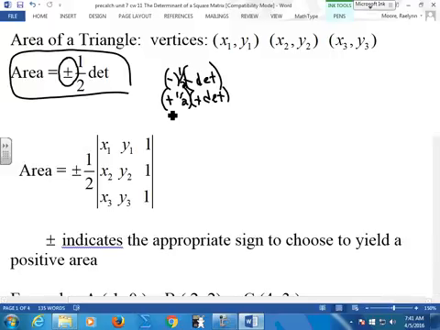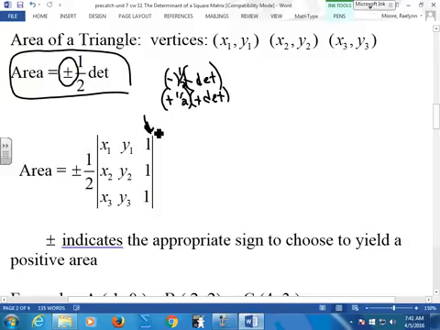Now the trouble with this is, the determinant has to be a square. When we list the vertices of your triangle down, we don't get a perfect square. So we fill that last column with ones. Always ones. Because if you just left it like this, you don't have a square.